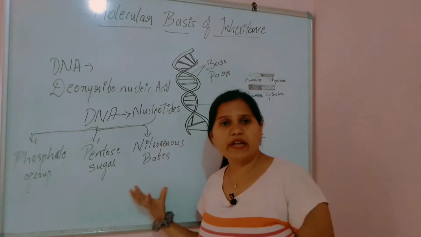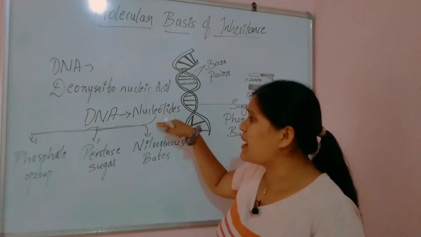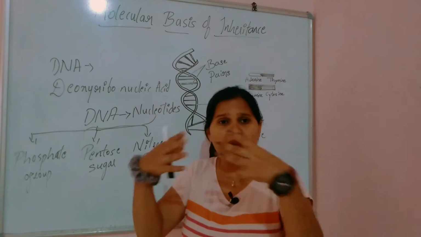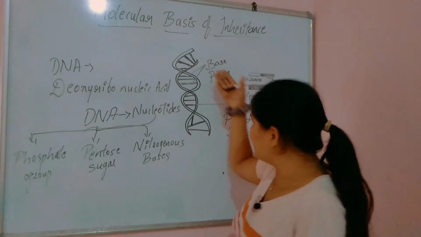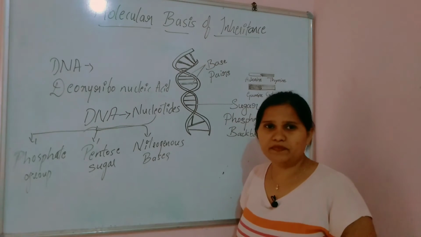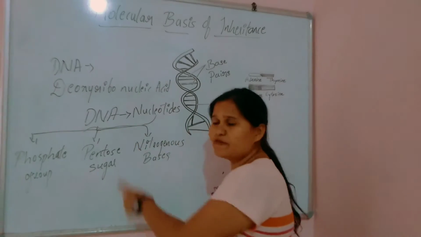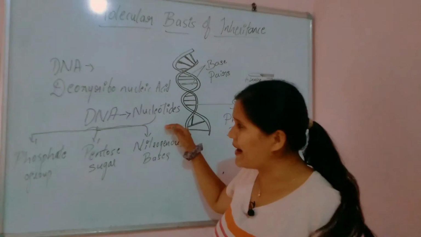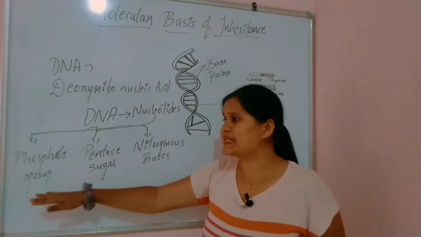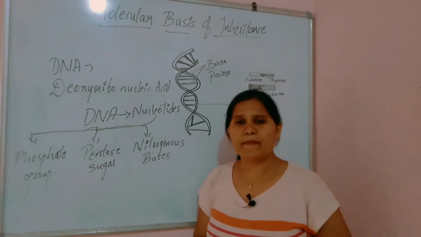These three components combine and form the nucleotide, and again many nucleotides combine and finally form the structure of DNA. Is this clear? Let me tell you once again: DNA is formed of nucleotides, where nucleotides are formed by the combination of the phosphate group, pentose sugar and the nitrogenous bases.